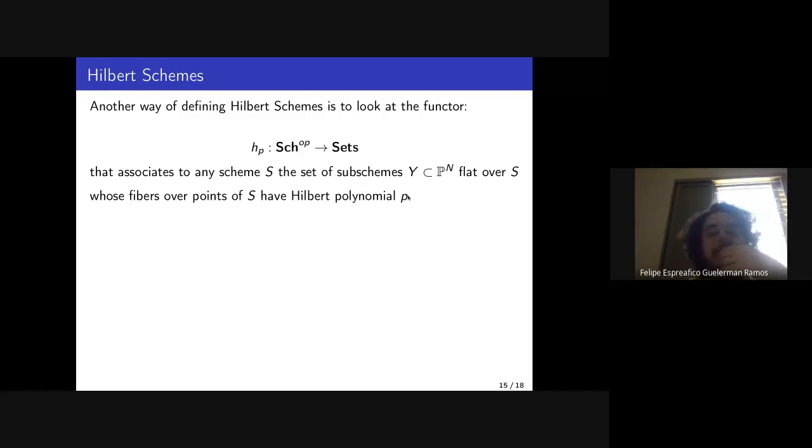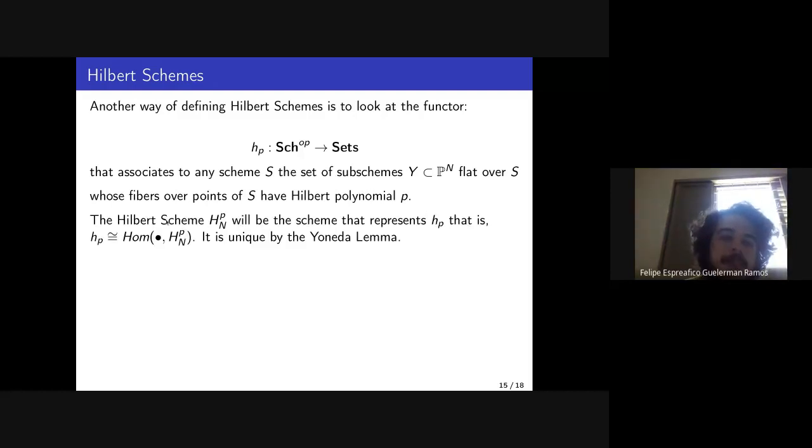So, I mean, we are getting all the subschemes with the same Hilbert polynomial, which, of course, will form a flat family because of the equivalence we saw earlier. And the Hilbert scheme will be the scheme representing this functor.